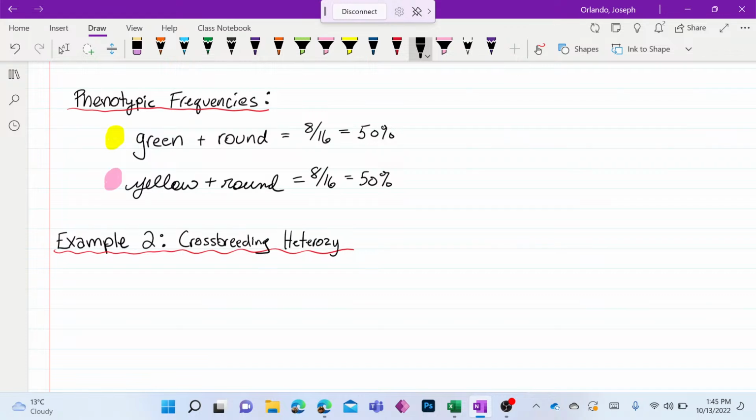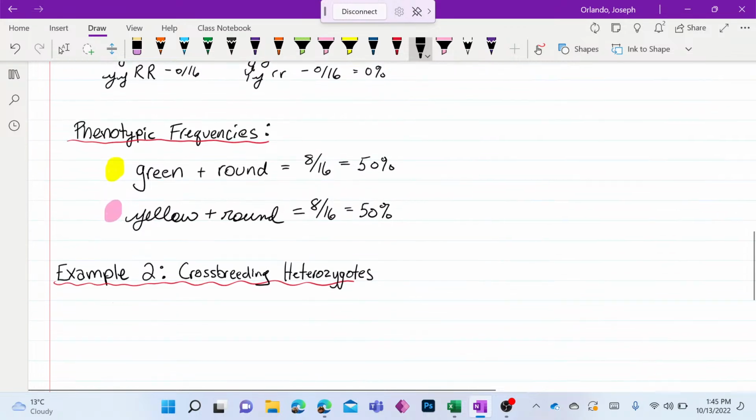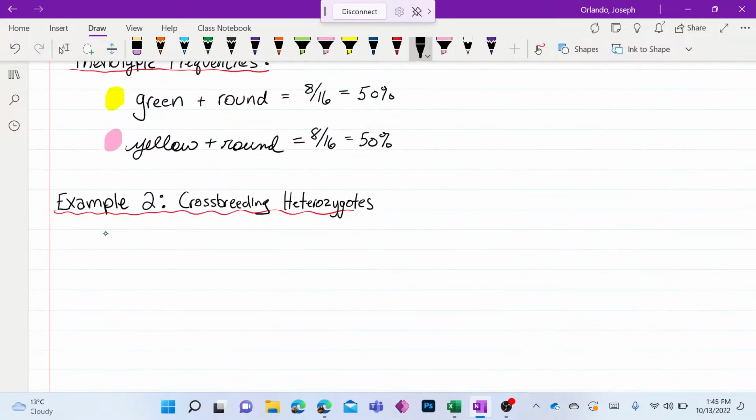So let's look at the same 2 traits just to make life easy. And let's cross, I did color then shape as a rule, right? Let's cross a heterozygous mother with a heterozygous father plant.